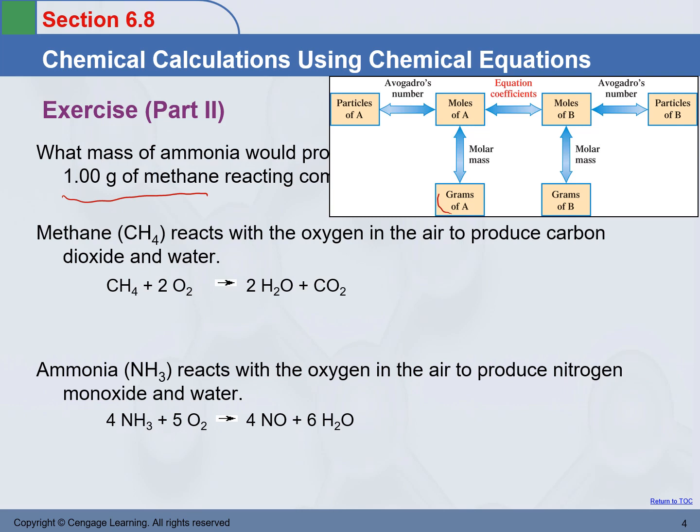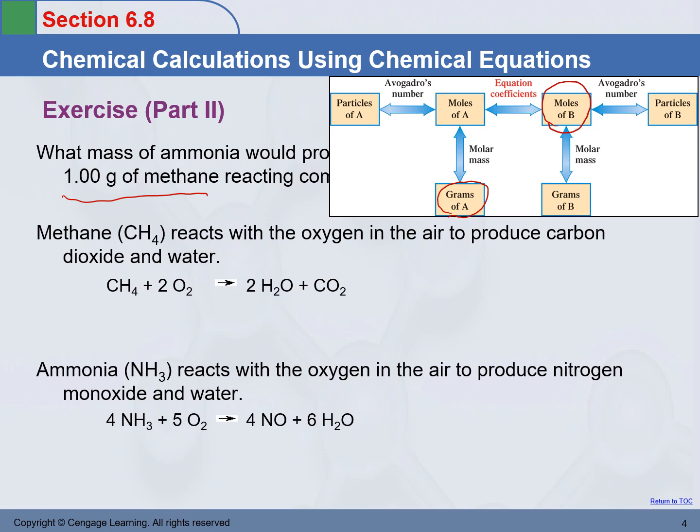So we are going from grams of methane, grams of something A. In this case, right now, for the first part of the question, A is methane. We know grams of methane. We're going to go to amount of water. Amount of water could be moles of water, grams of water, particles of water. Which one? Either one. Let's stop here because here we need fewer conversions.